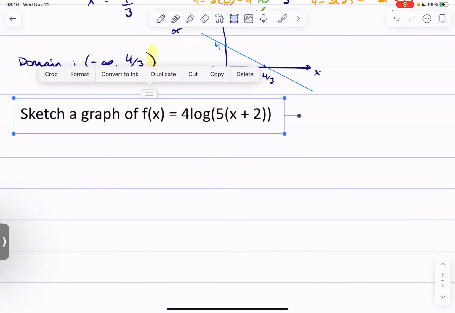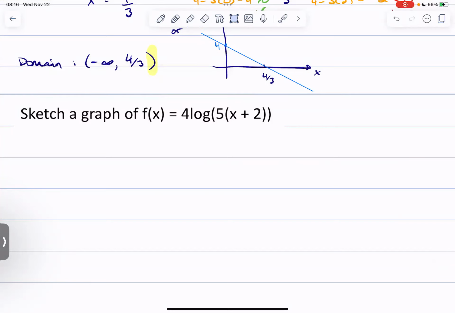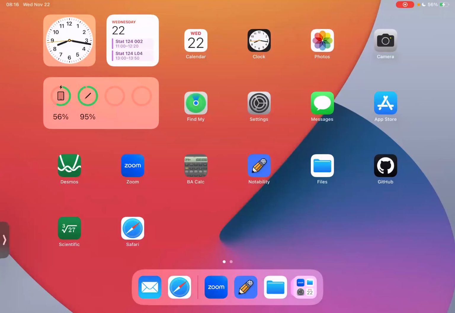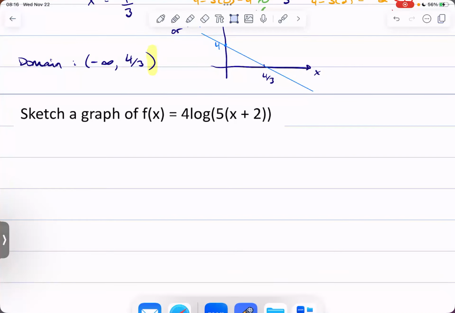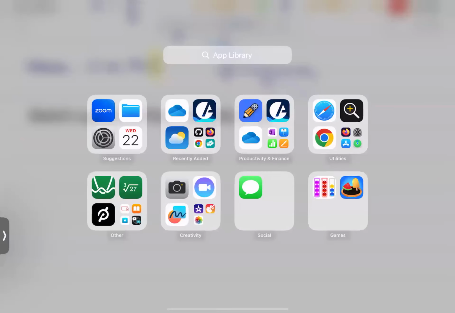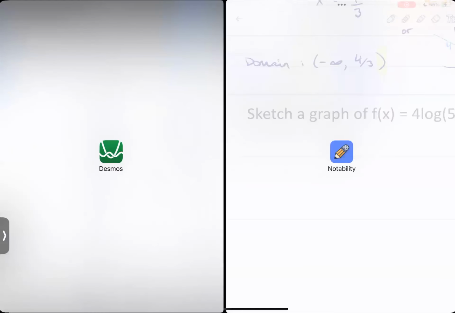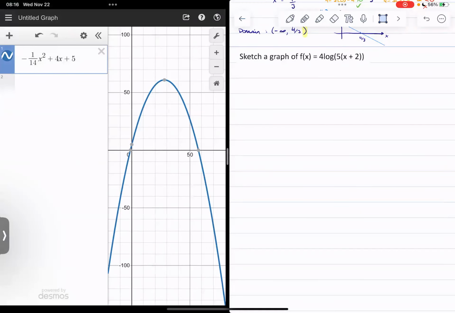I feel like I've asked you to sketch stuff before, but I'm not going to do it again. Sketching helps. It helps you visualize the problem, and that's why it's pretty typical to make you do it. But we're going to use Desmos for this one. Let's see here. I want to try to do that thing where I show you both my screens.